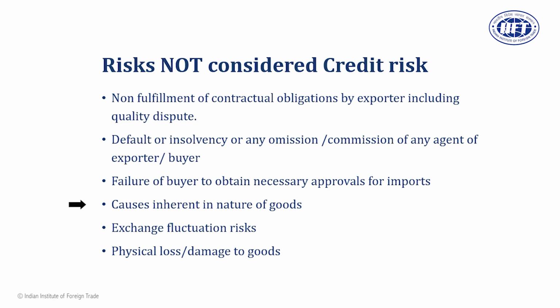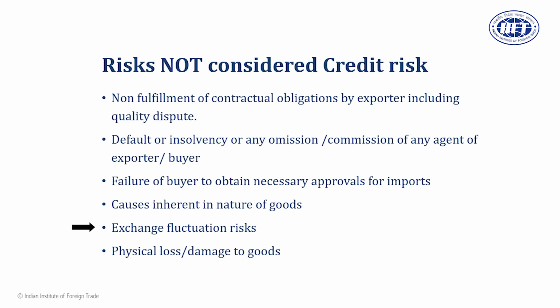Then we can also say that some aspects of the nature of the goods may be hazardous goods, maybe chemicals, maybe pharmaceuticals. If the nature of the goods renders it unfulfilling for the buyer, it cannot be considered as credit risk. Even exchange fluctuation risks are not considered as credit risks.